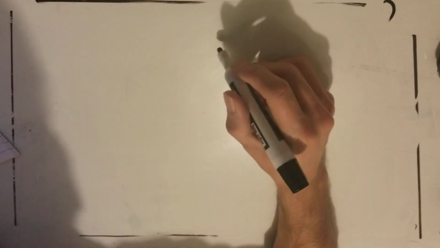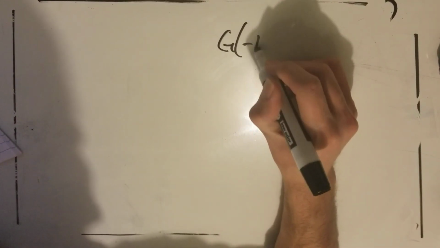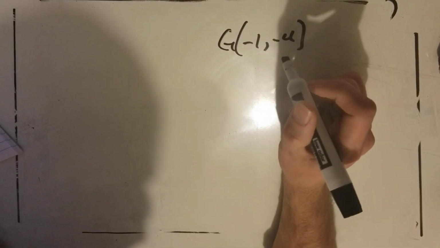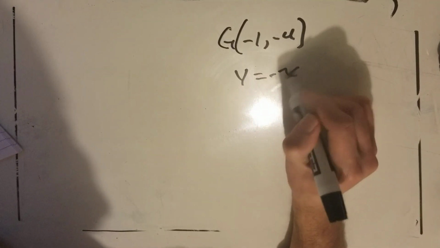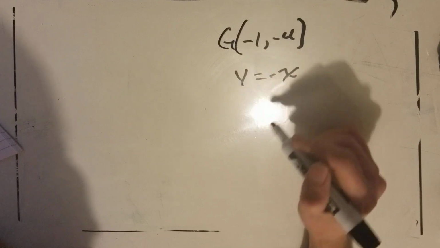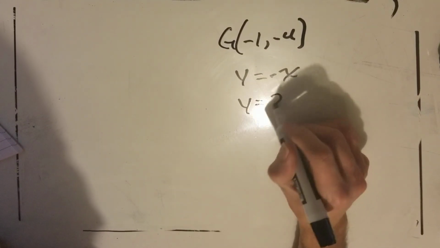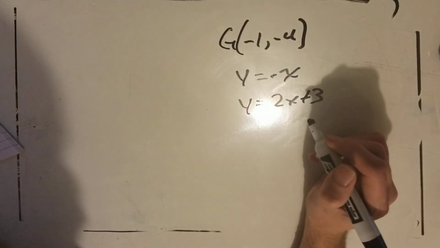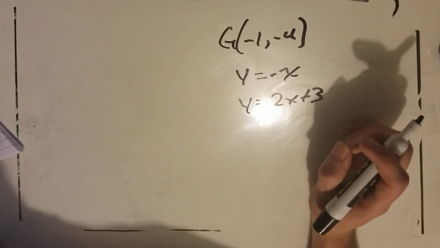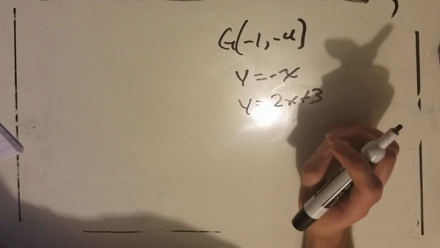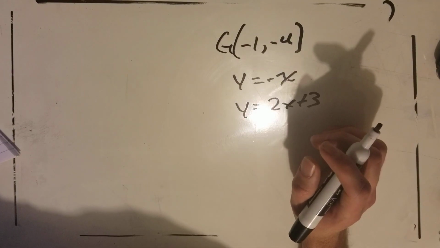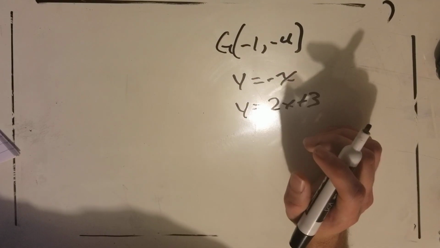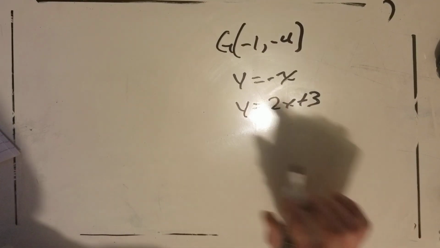This was where point G was -1, -4, and you're reflecting over y equals -x, and then after that over y equals 2x plus 3. You can try that one on your own. Your final coordinates for this one, let's see. Oh, I don't have them written down, so I guess we're going to do this one together.